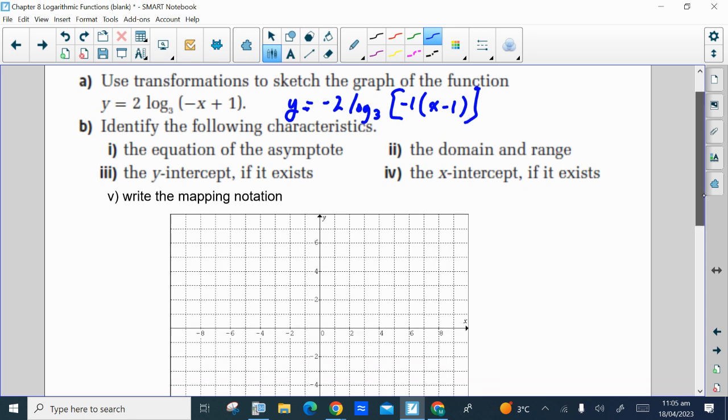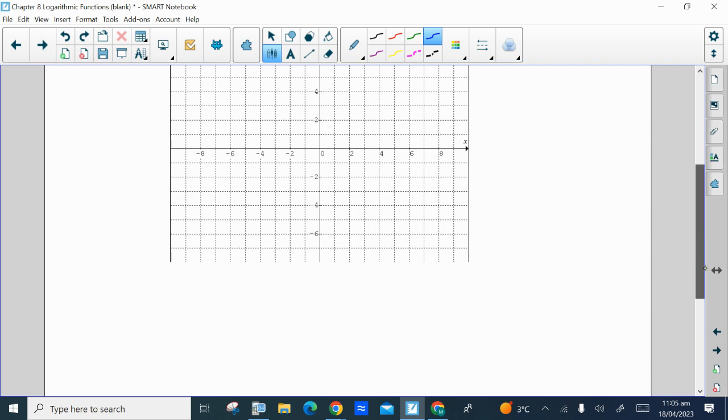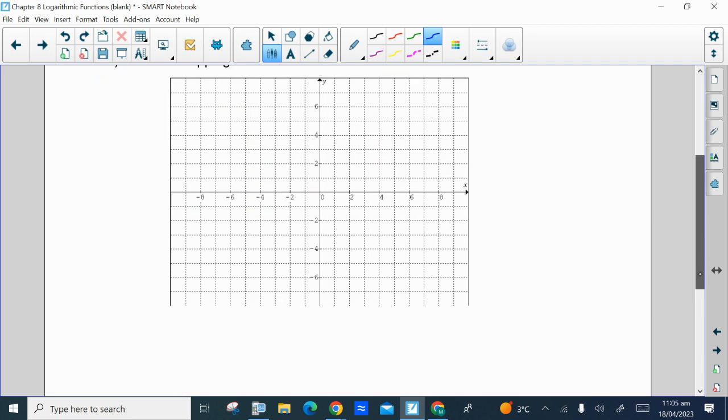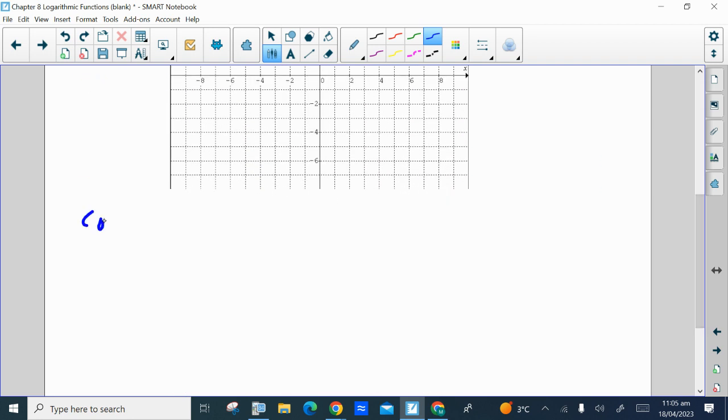So if we're going to compare this to y equals log base 3 of x, the first thing is we've got an a value of +2, which will cause what, Josh? But it's vertical stretch about the x-axis.